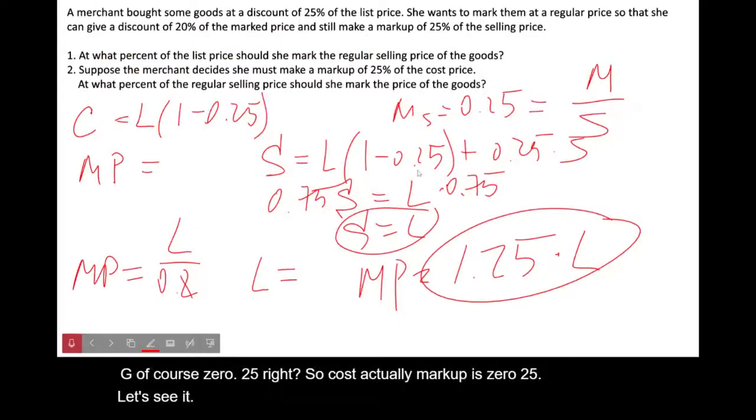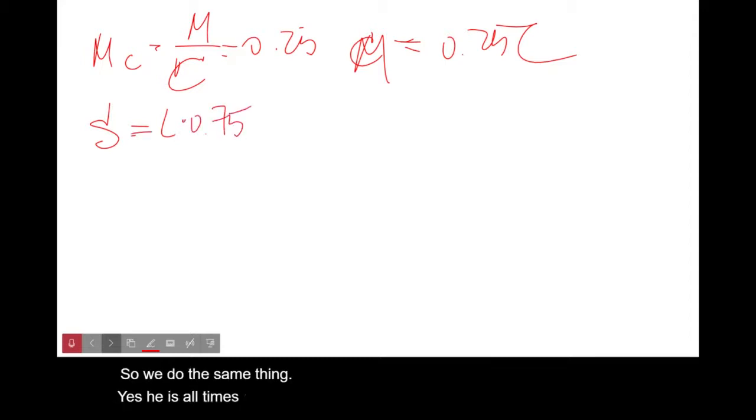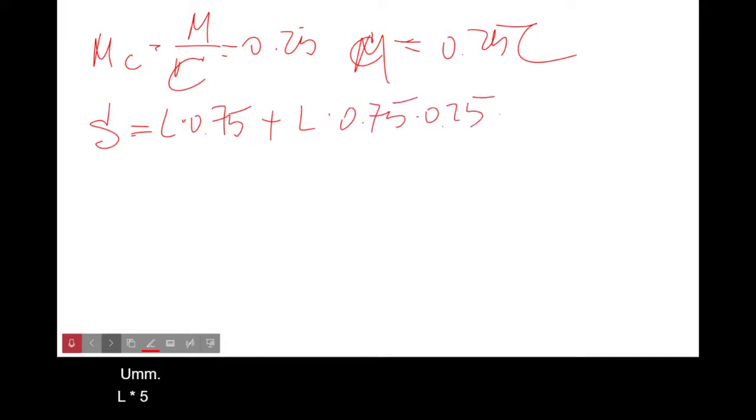So we do the same thing: L times 0.75, that is cost, right? Plus L times 0.75 times 0.25.